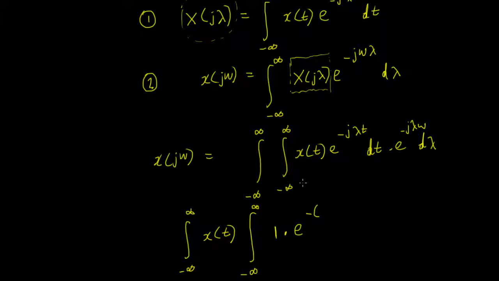So we've taken out that factor minus j lambda, and we're just going to be left with omega plus t, by d lambda, and of course the last one here from this integral is by dt.